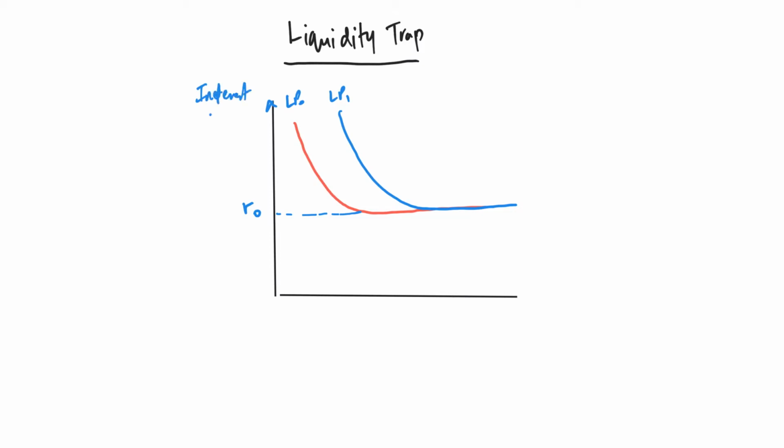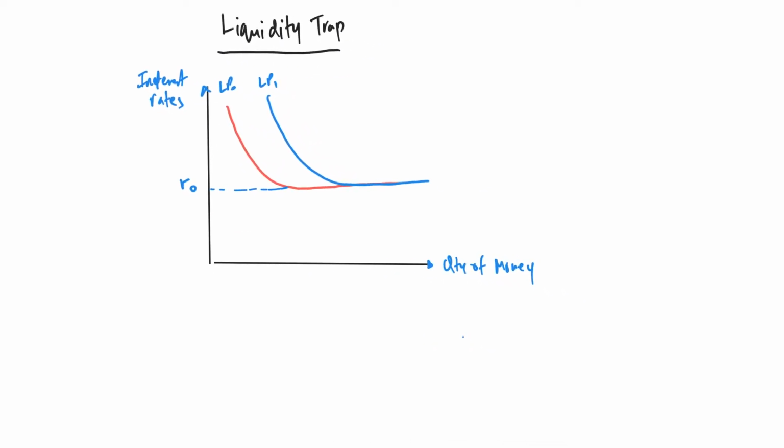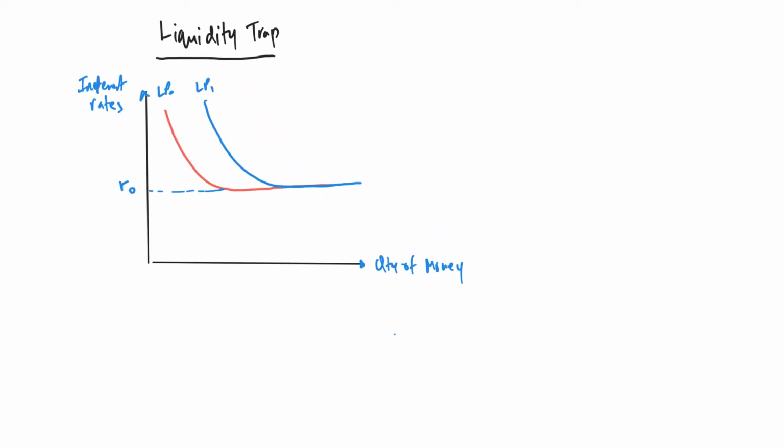I'm going to talk about this in 1 minute, but first I wanted to talk about the shape of the liquidity demand for money, which is basically something like this. Now, why does this liquidity trap happen? So let's make one curve only and see money supply going up.